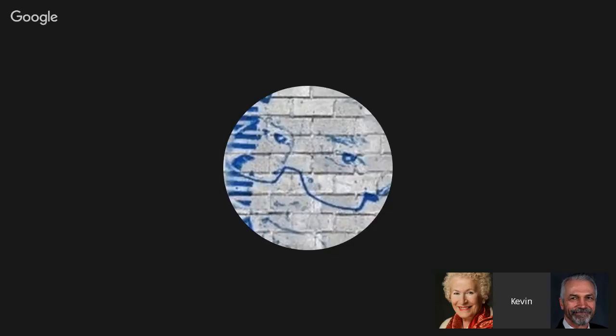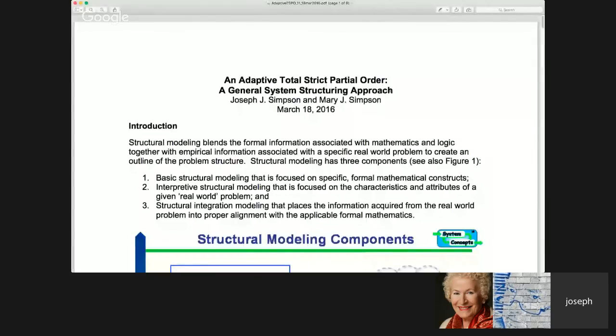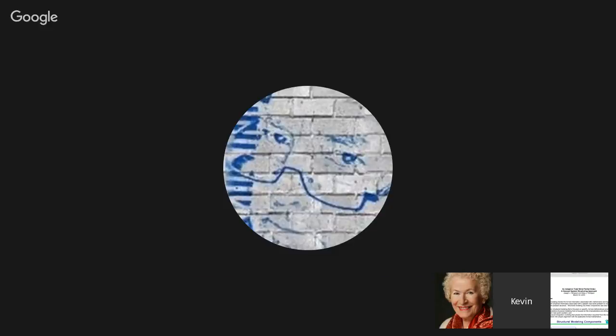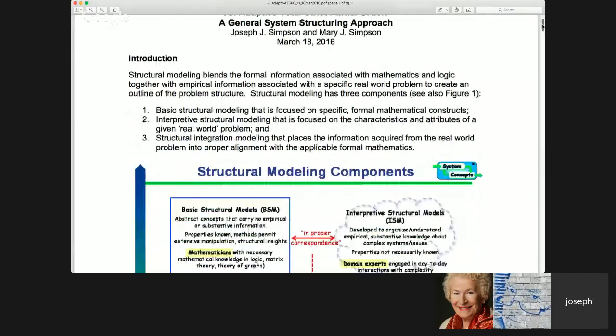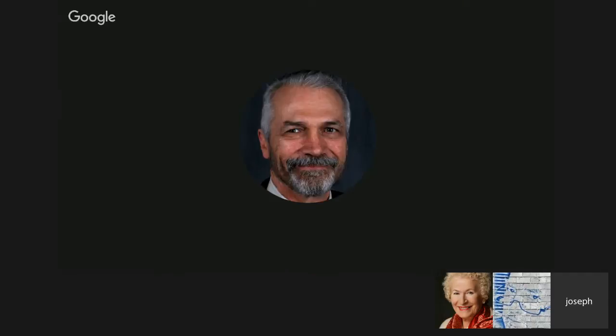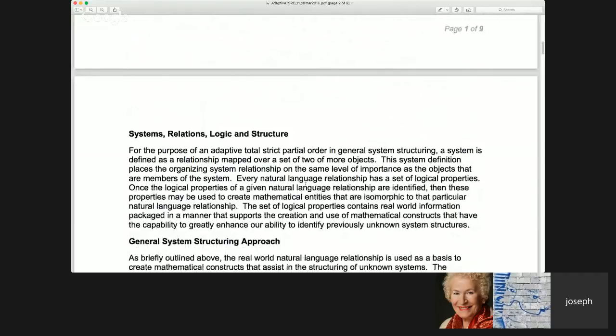Essentially what we've been doing is looking at the aspects of structural modeling that blends formal information with empirical information, adding some specific approaches, looking at some classical applications, and then looking at the idea of the ordering, the partial ordering.